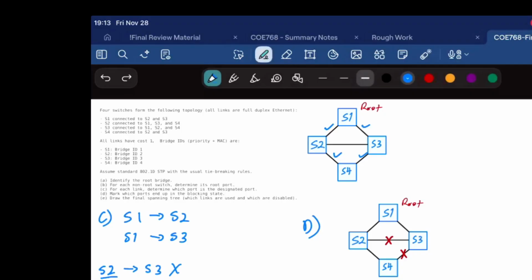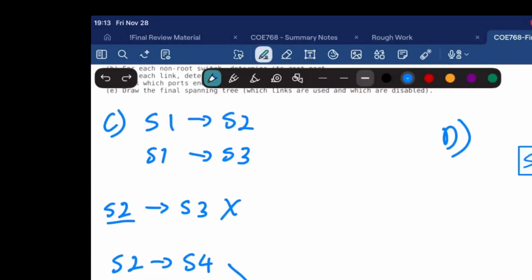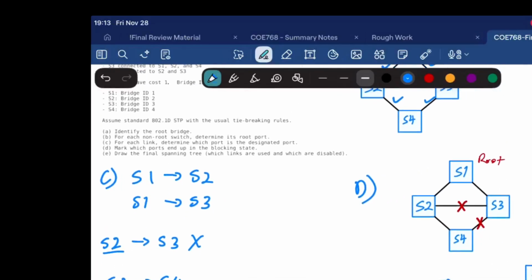Oh wait, true. We do end up blocking it anyway. Sorry, I just wrote it wrong here. My apologies. So these two were temporary. I forgot to conclude this part. I kind of sped through it.